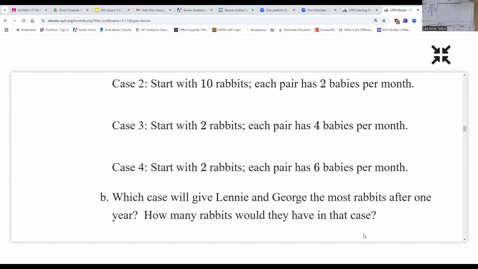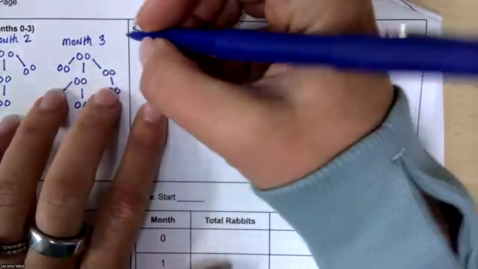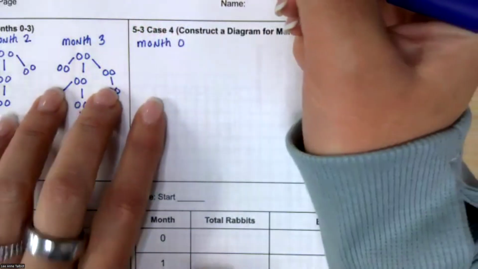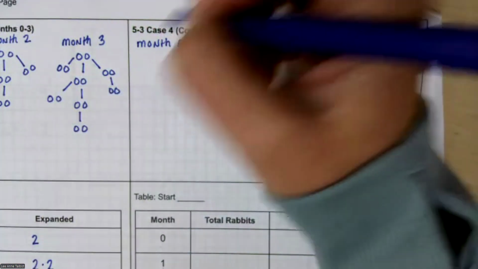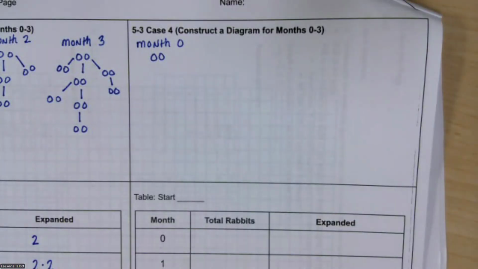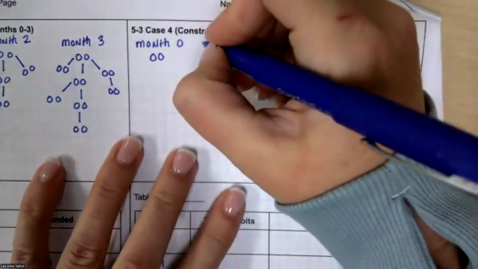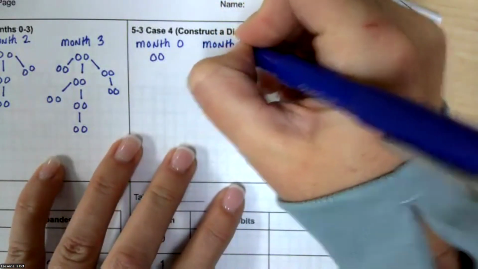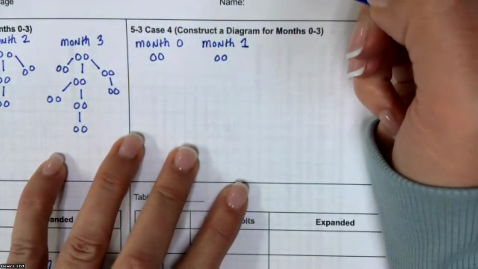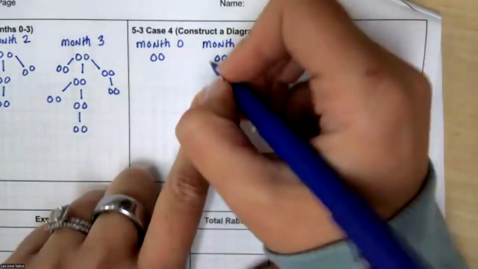Oh my goodness, that's so many rabbits. Okay. Month 0. Start with 2. Month 1. There's my two, and it says that each pair has six.